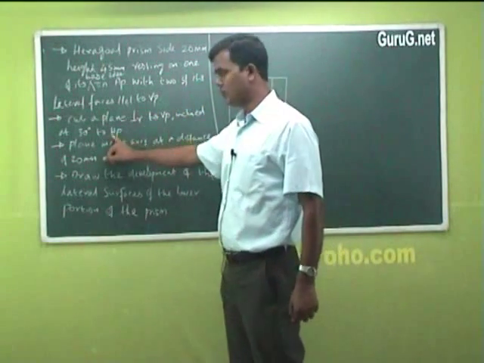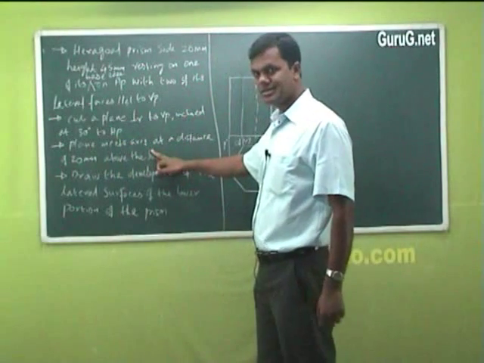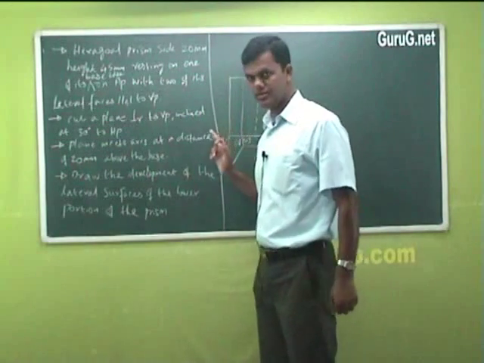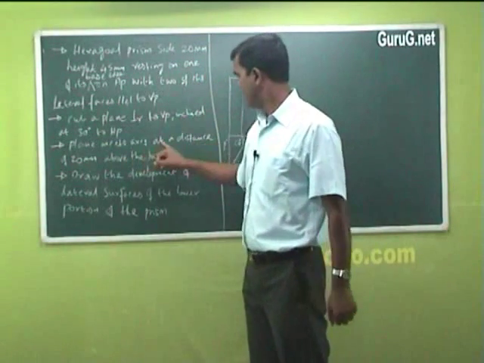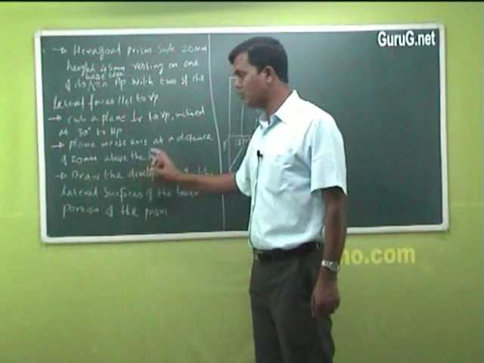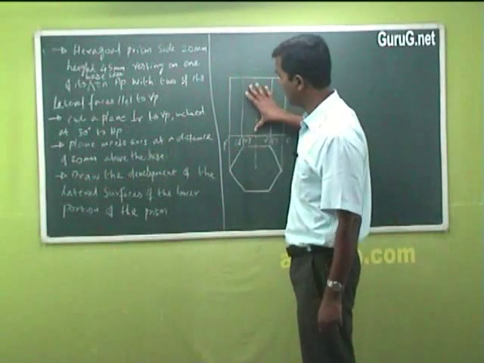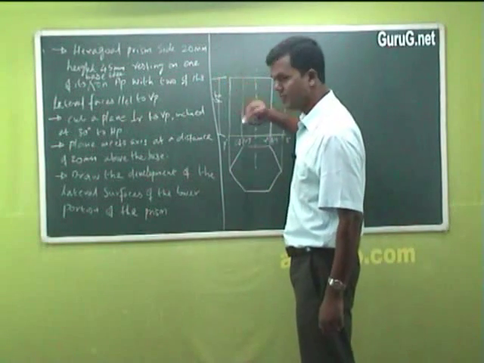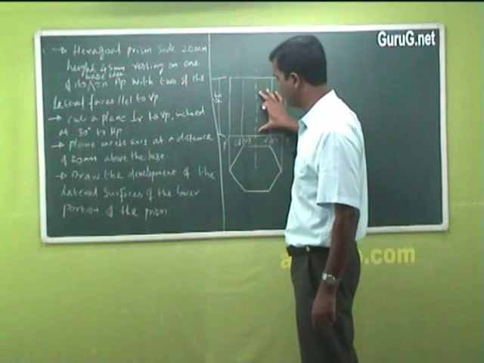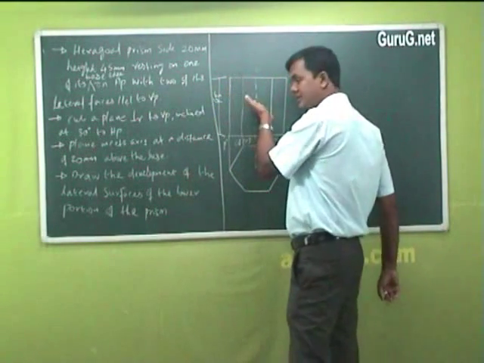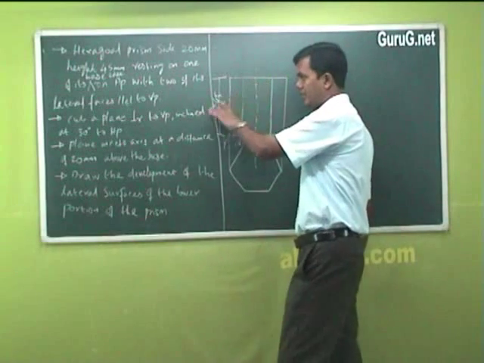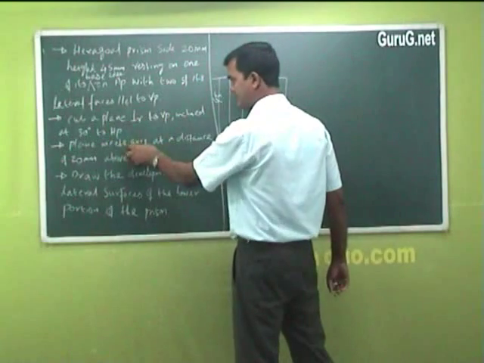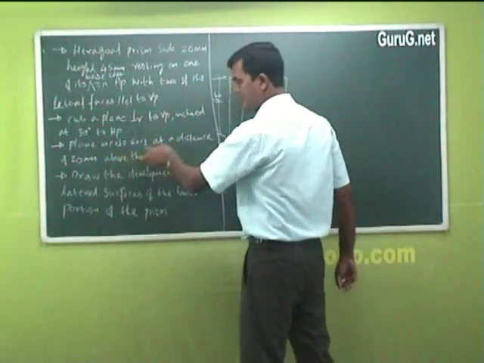The plane meets the axis of this solid, the hexagonal prism, at a distance of 20 millimeter above the base. The total height is 45 millimeter. It is inclined at 30 degrees to HP also. So it is inclined like this, 30 degrees to HP, but it meets the axis at a distance of 20 millimeter above the base.